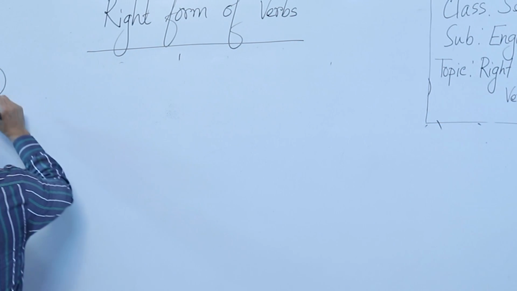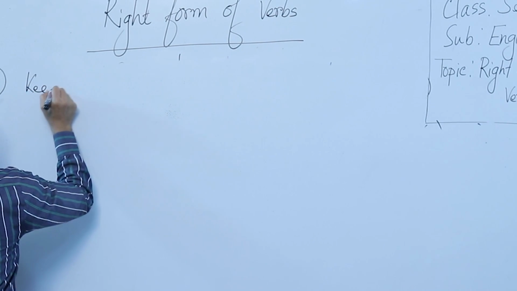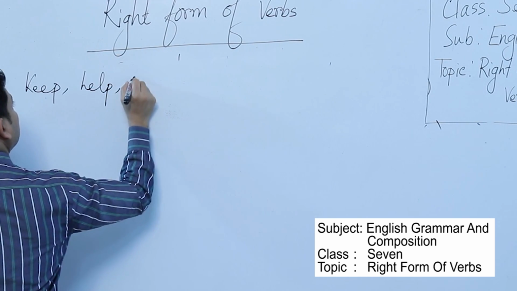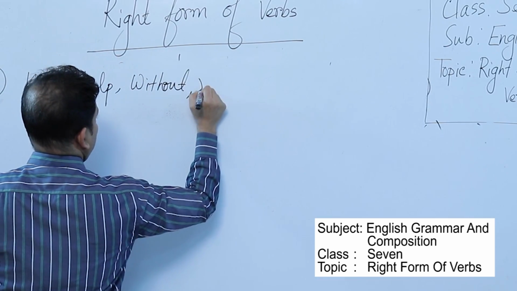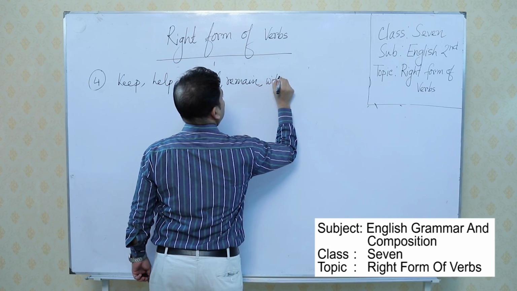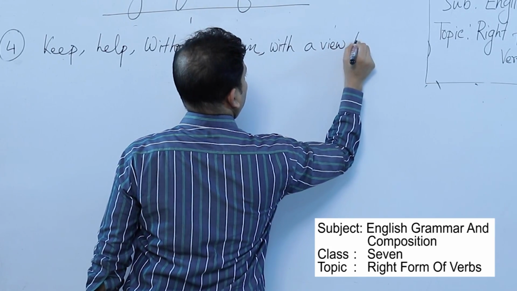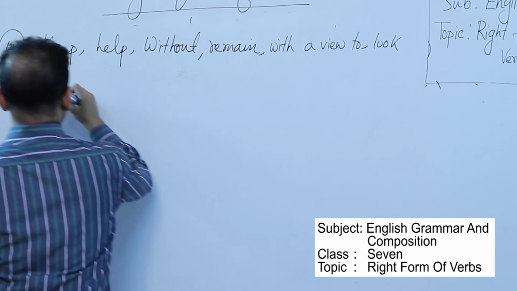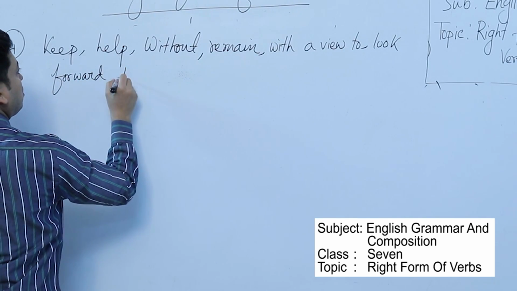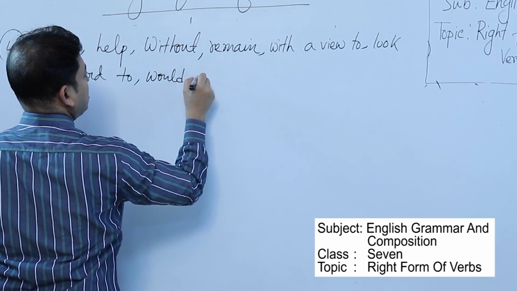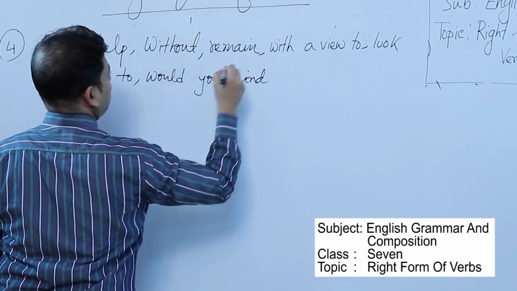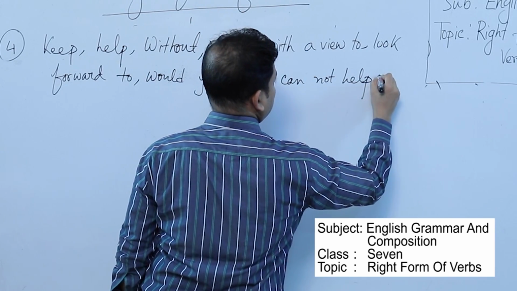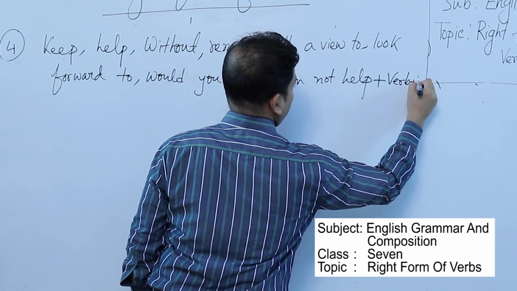Now another rule, rule number 4. If there is keep, help without, remain, help without, remain, with a view to, look forward to, would you mind, cannot help, plus verb plus ing.